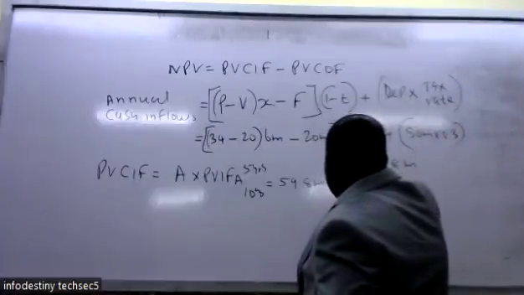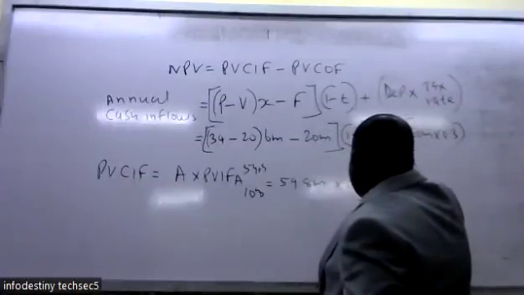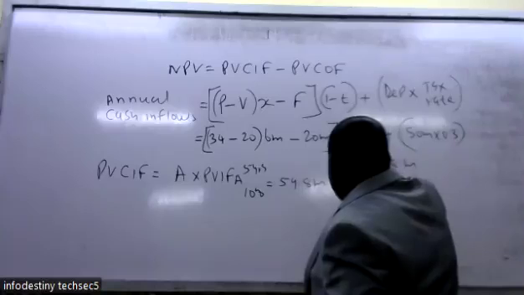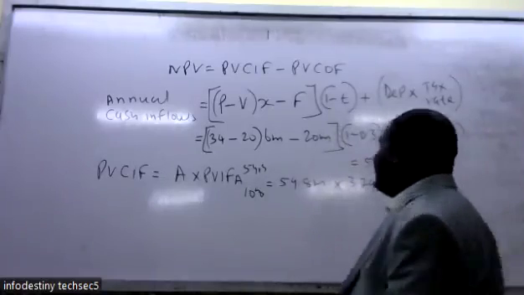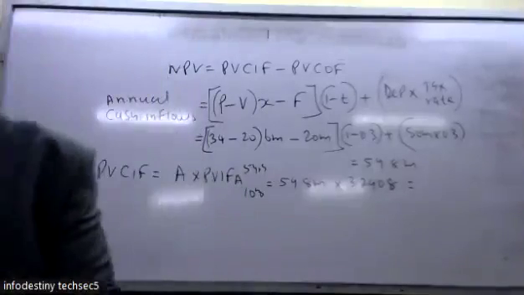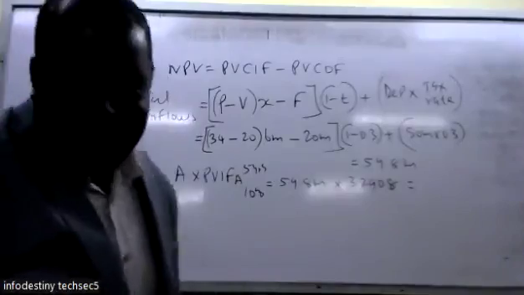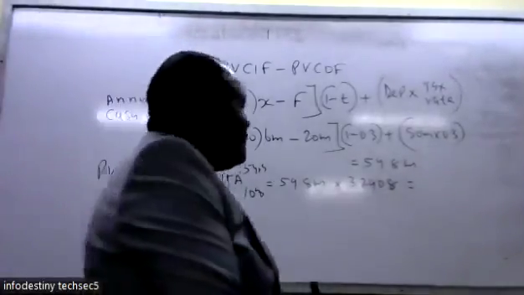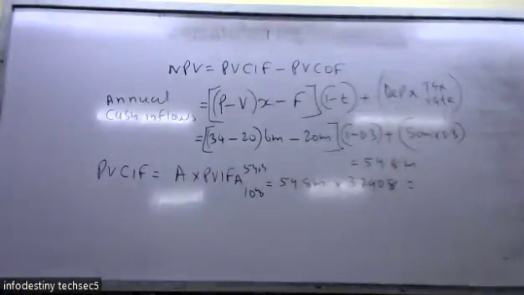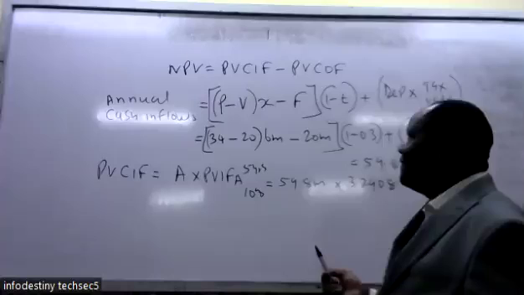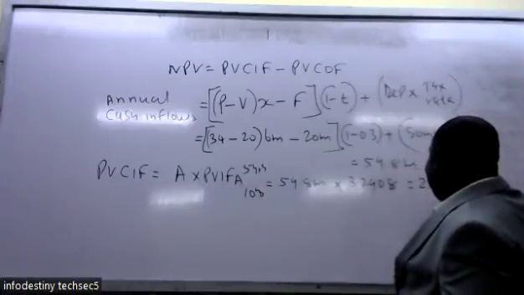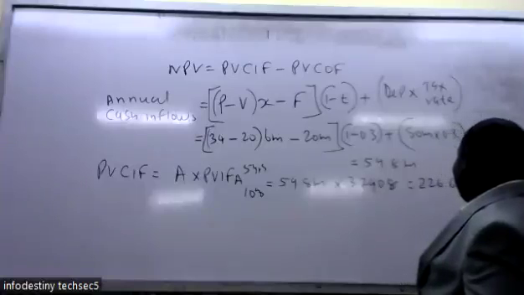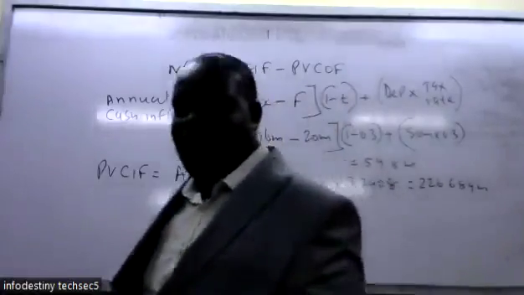3.7908. So it is giving you which figure? 226.689, like that.